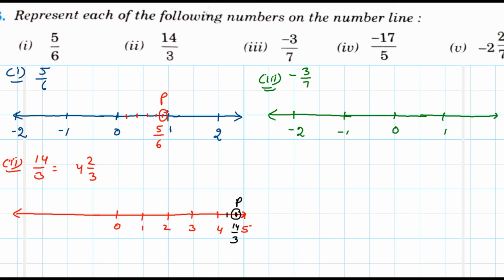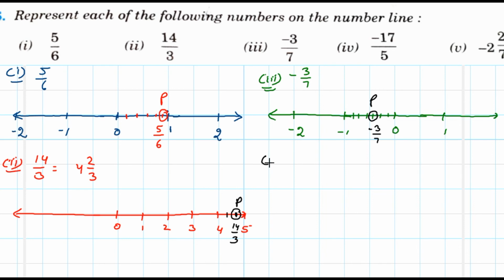So 1 2 3 4 5 6 and 7 here, right? So out of these 7 we have to take 3, right? 1 2 and 3, this is the third one. So we will mark it as point P and show it as minus 3 upon 7, right? So now we will move on to the question, part fourth.